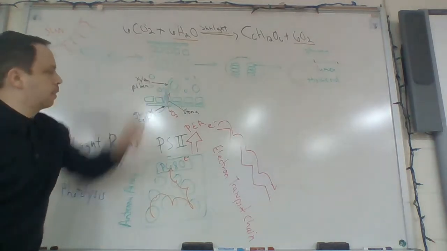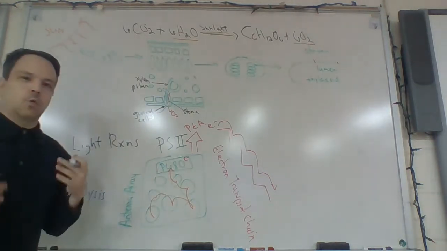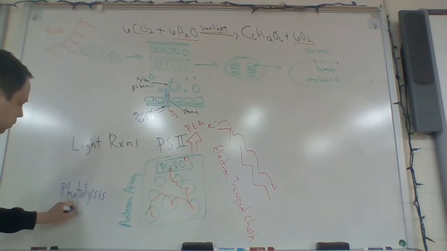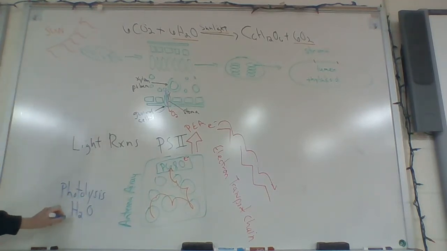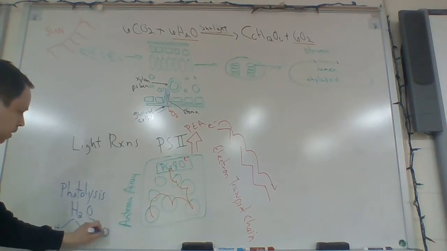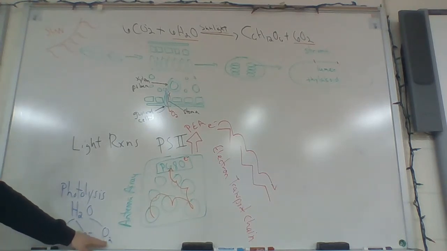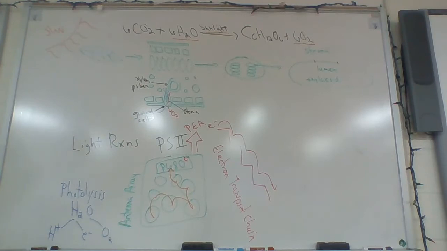With photolysis, what's happening is water is being split. Water gets split into hydrogen ions, electrons, and oxygen gas.